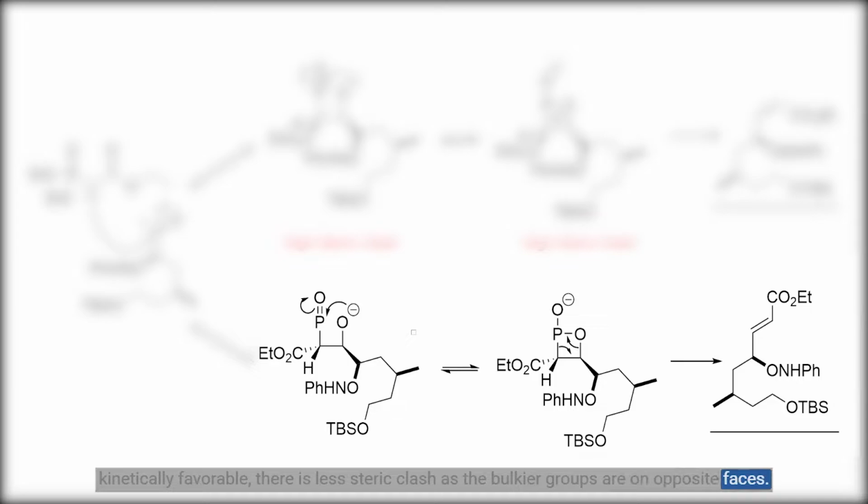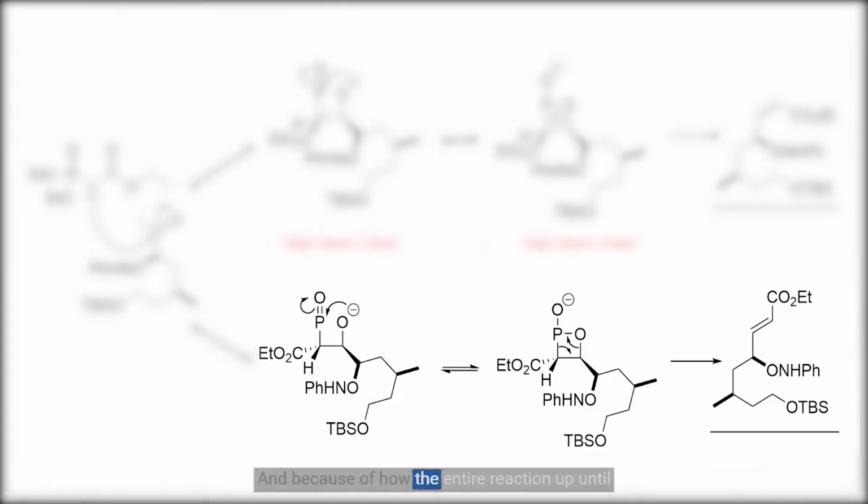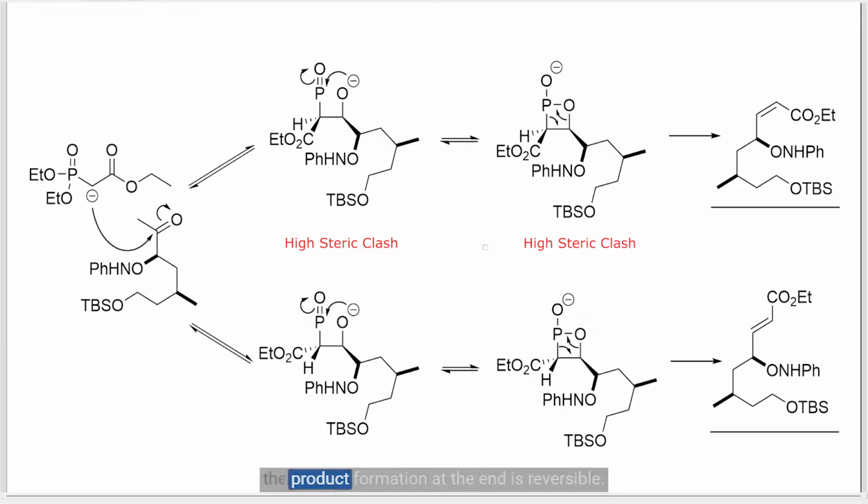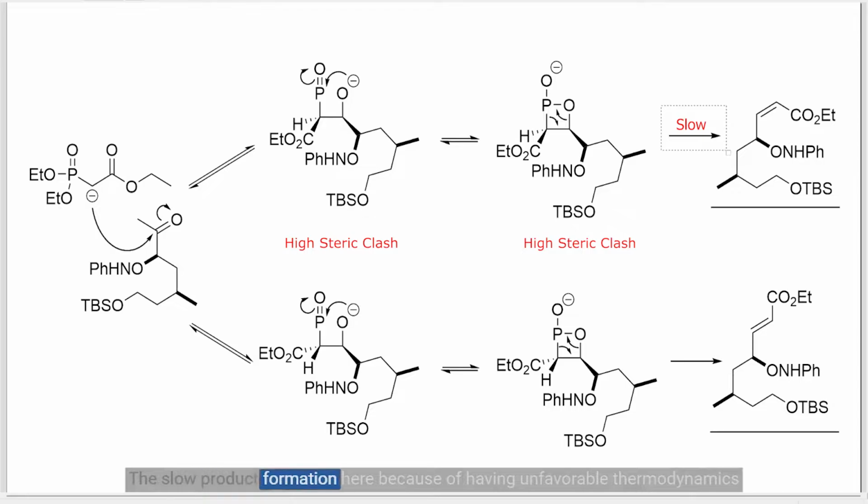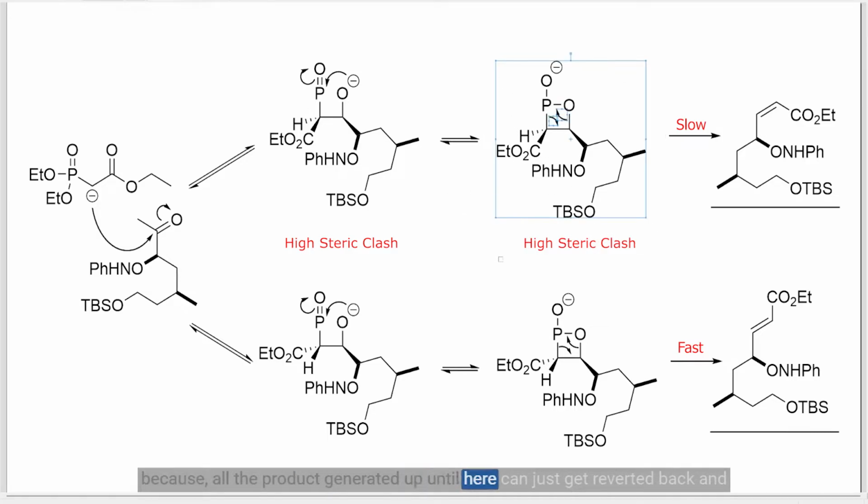And on the bottom route, which is less kinetically favorable, there is less steric clash as the bulkier groups are on opposite faces. And because of how the entire reaction up until the product formation at the end is reversible, the slow product formation here, because of having unfavorable thermodynamics due to the steric clash, means that this will be the faster product to form because all the product generated up until here can just get reverted back and go all the way back around into the more thermodynamically favored system.